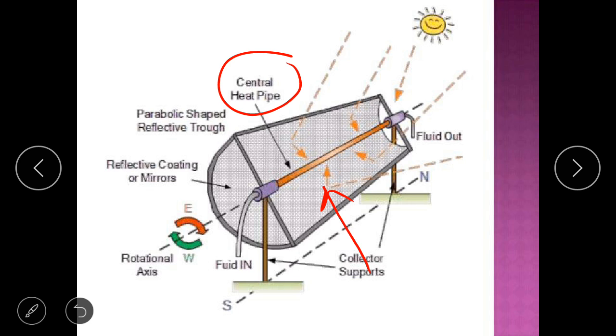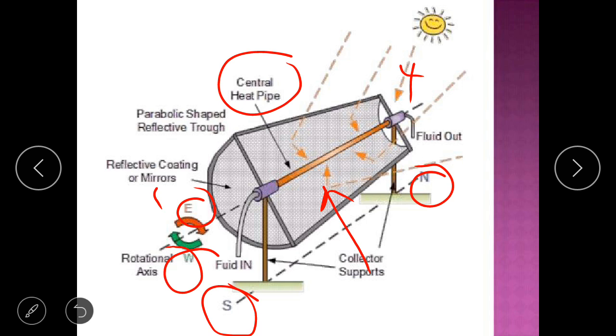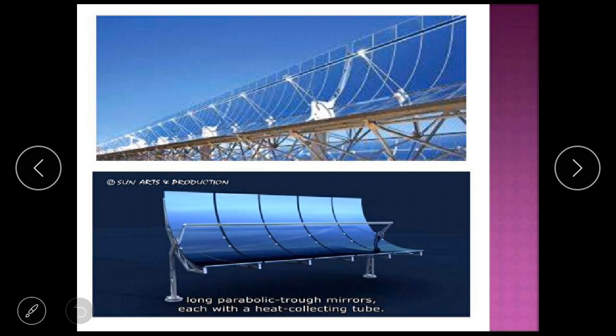So that is your east direction, that is your north direction, that is your south direction, that is your west direction, and that is the sun, and there is a parabolic shape and reflective coating by the mirrors, rotational axis, fluid in, collector supports, etc.